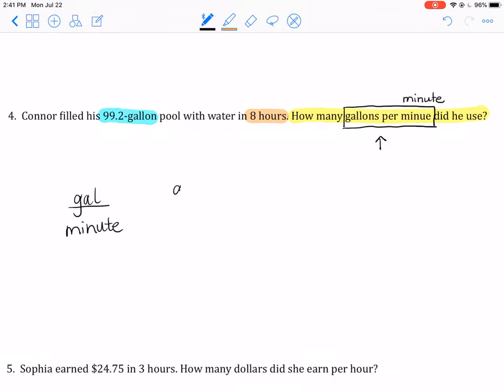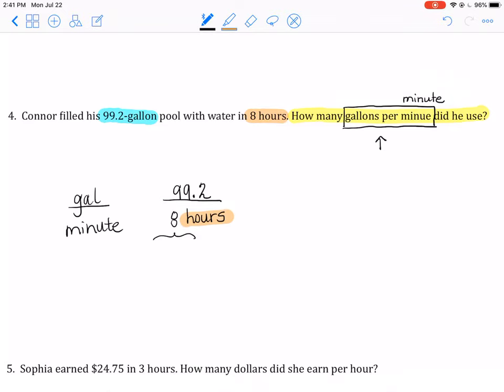And we know that there are 99.2 gallons in 8 minutes. No, 8 hours. So we have a problem right there. We're going to have to work with that a little bit.